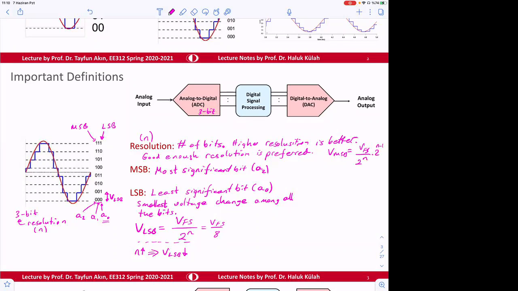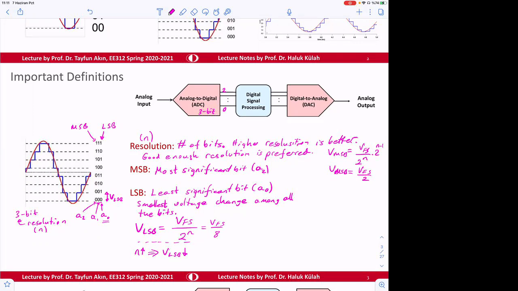Actually, it is always V full scale divided by 2. This is the way that we define it, and here typically we call this one 0, and then this one is the most significant bit, let's say 2 for this case.